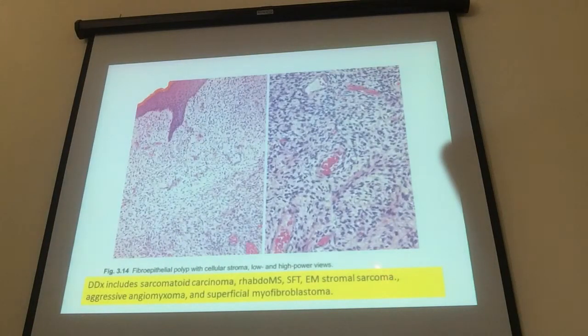CD10 would be positive usually in endometrial stromal sarcoma, but should be negative in fibroepithelial polyps. The aggressive angiomyxoma that we talked about last time also comes into consideration here, but it doesn't have the same vascular nature that that lesion does.